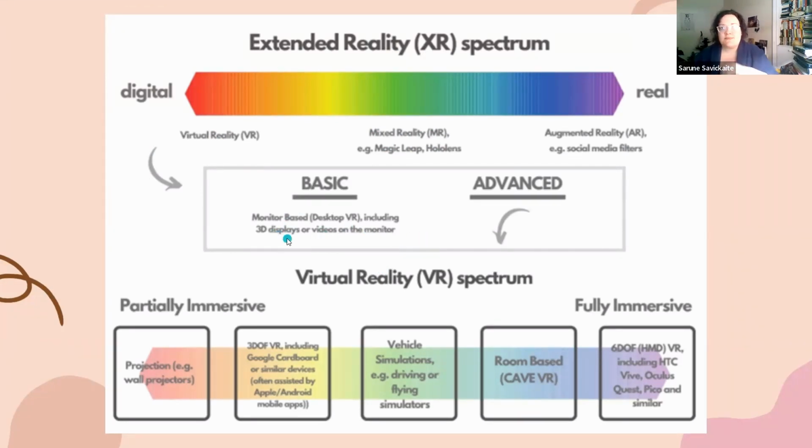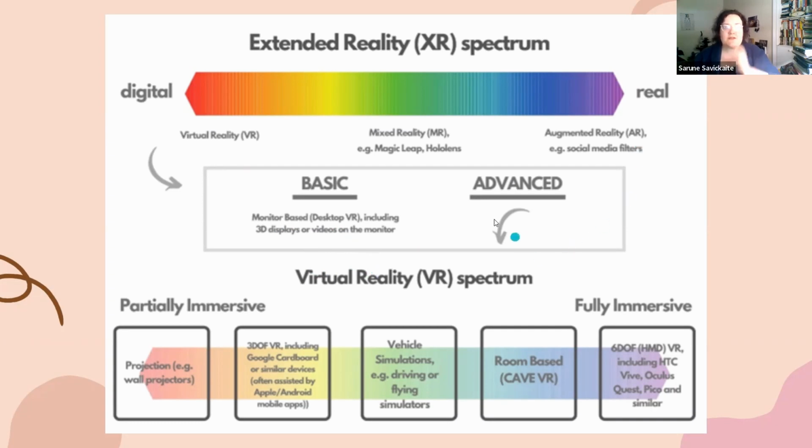That is anything monitor-based, so-called desktop VR, including 3D displays or videos on the monitor itself, where you can still very much be in the real environment, and the immersion becomes less technology-centered and more psychological, depending on how much attention you're paying to the displays on the monitor.